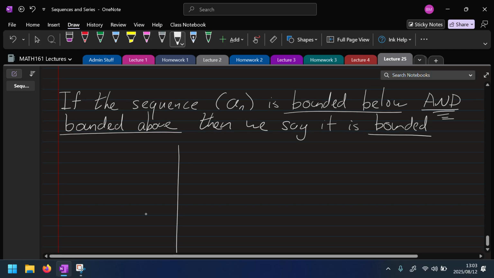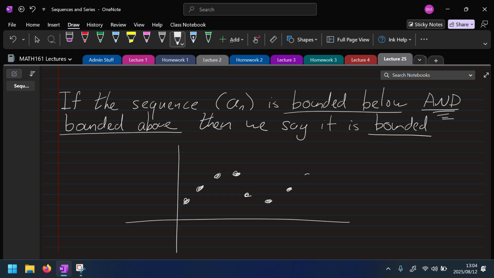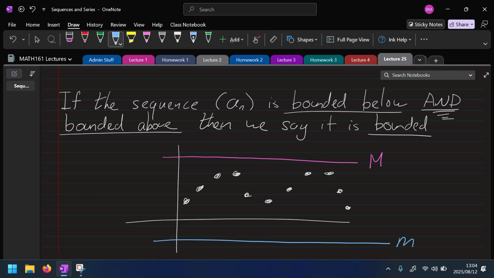Okay, and we can draw a picture of this. So we've got some sequence, whatever it may look like. But here it must be bounded above. So we need to be able to draw a pink line above the sequence at capital M. It never goes above that. And let's use a blue line for below. We can draw a blue line underneath the sequence, maybe over here, for little m.